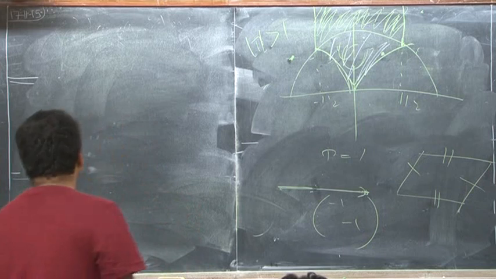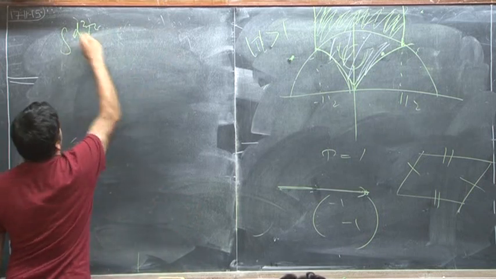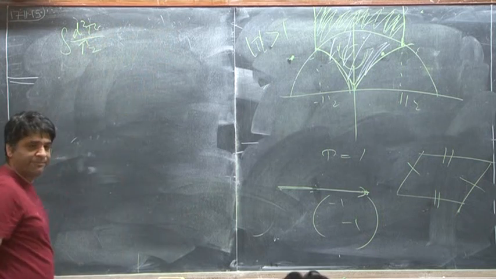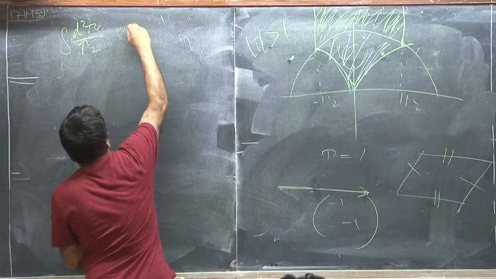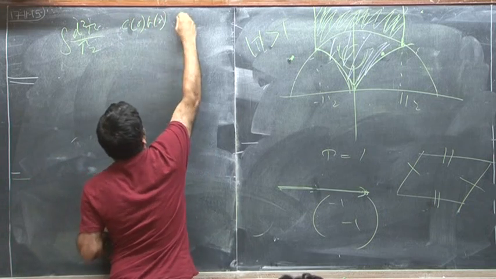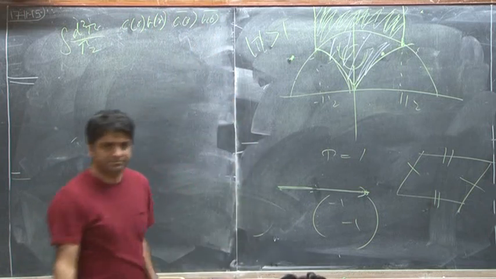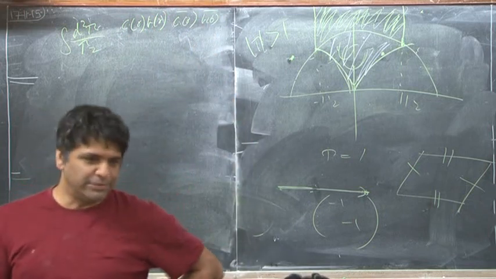So what we need to do is to evaluate the integral d^2 tau over this region, over tau 2, times the expectation value of c0, p0, c0 bar, p0. That's what we need to do.